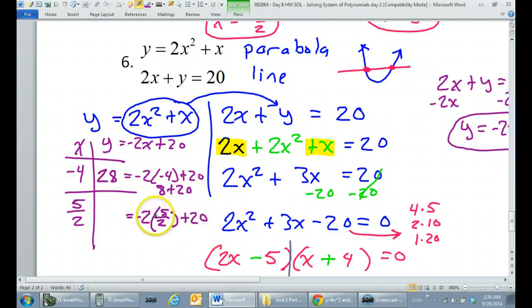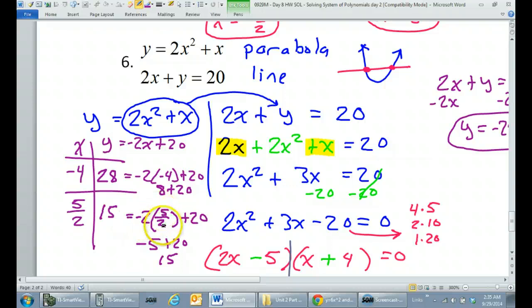I can do this in my head because these 2's are going to cancel, and that'll just be negative 5 plus 20, and that'll be 15. I know you're impressed by that, but many of you are like, what? If that's what you sounded like, then the TI-30 XS MultiView is for you.